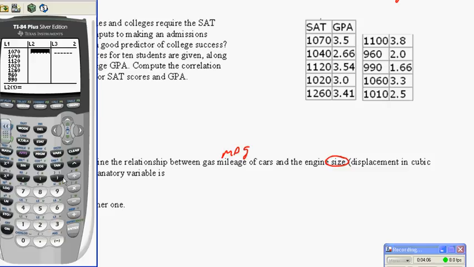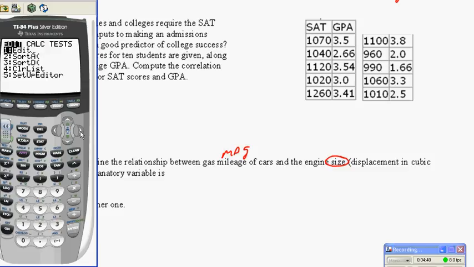Next list, making sure they line up. 3.5, 2.66, 3.54, 3.0, 3.41, 2.0, 1.66, 3.3, 2.5.